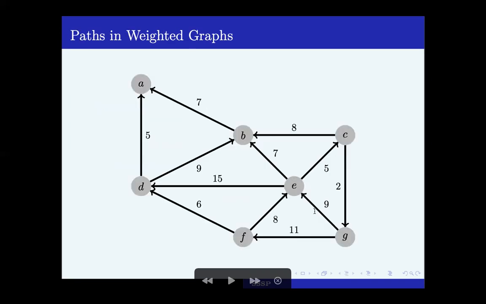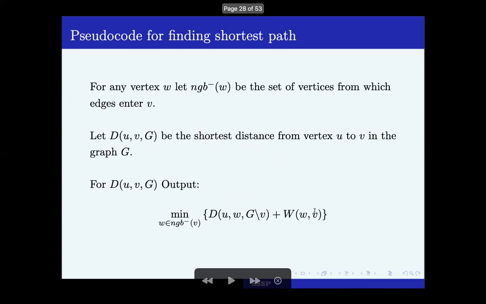Correct? So say for example here, okay, this is the opposite. I didn't do it from U to V. So what do I do? For every vertex W that is in the incoming neighborhood, or in-degree neighborhood, of V, I calculate the shortest path between U and W in the graph G minus V. I forget the last vertex.